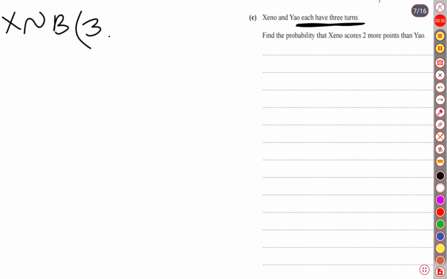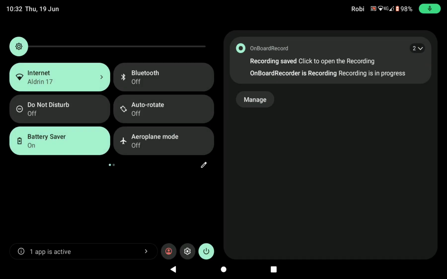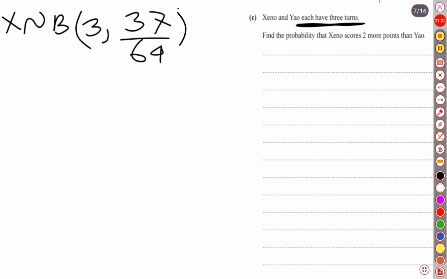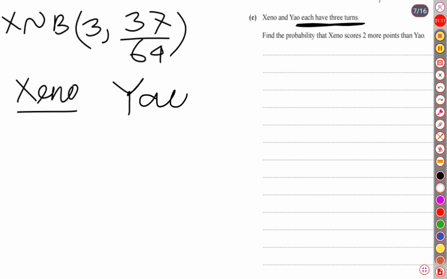3, and the probability we have come to know from the previous question, it's 37 over 64. Now both of them have played together. So first Zeno and the second player is Yao. They told that Zeno scored two more times.